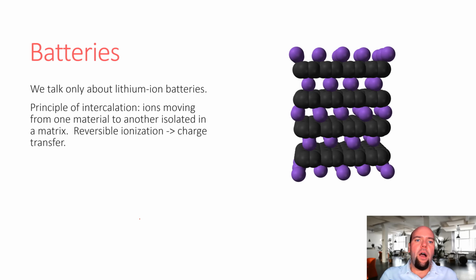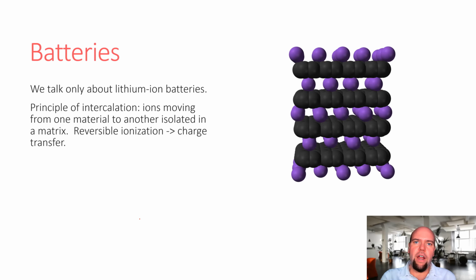And they operate on this principle of intercalation. And that is where atoms or molecules can be trapped inside of a matrix of other atoms or molecules. Typically it's graphene, but there's lots of ways to form these matrices in which an atom or molecule can become trapped.